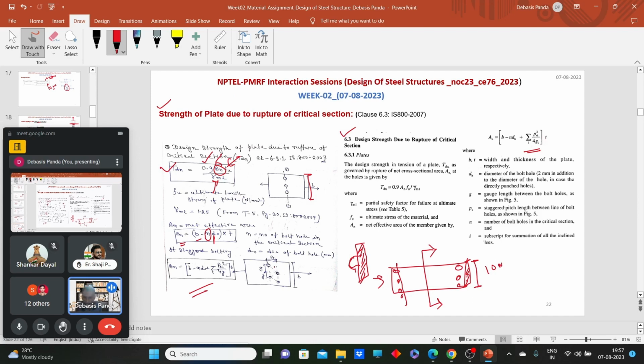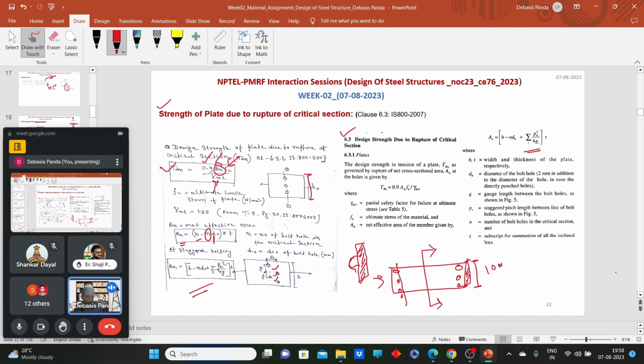So for this, what we have, 1 2 3 staggered pitches, so here it will be 3 into Ps squared. What will be the value of Ps? Whatever is prescribed in the question, or you can take it as a minimum, and 4 into g, that is the gauge distance. So by this way we can calculate the strength or the rupture strength of the plate.